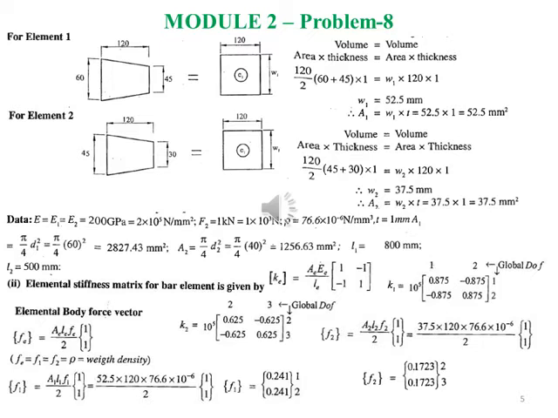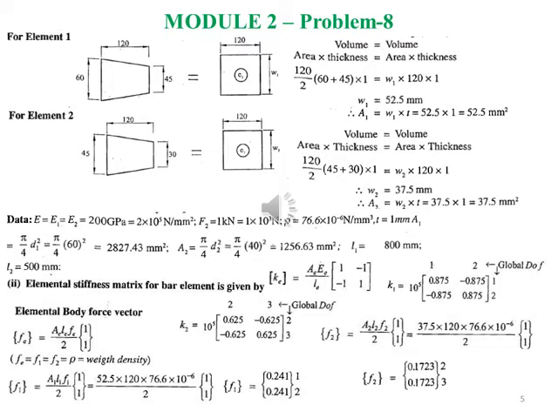So it comes to 52.5 millimeter square, and similarly for the second element it comes to 37.5 millimeter square after the modification. So now we have the values of E1, E2, A1, A2, L1, L2. We have the value of F2. We have rho 76.6 into 10 power minus 6 Newton per millimeter cube.